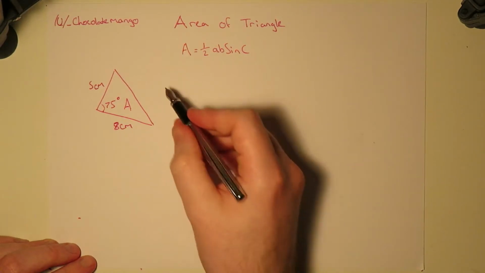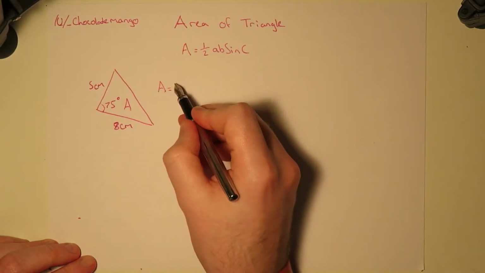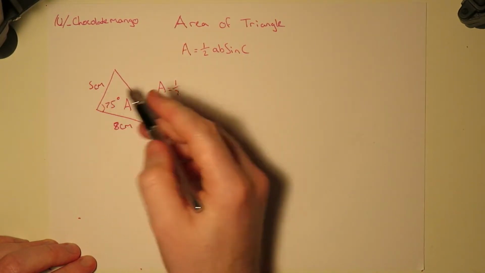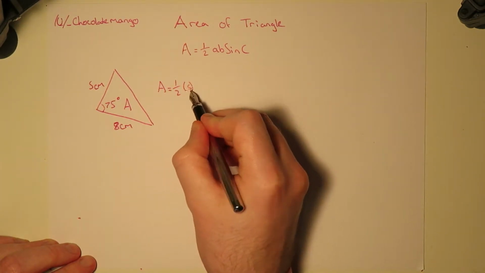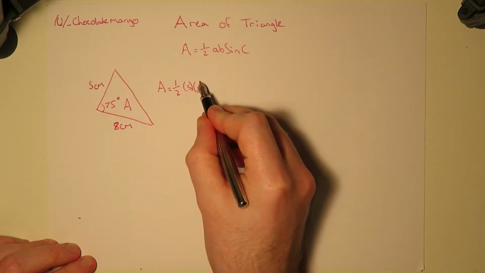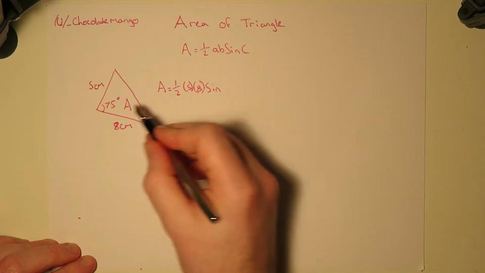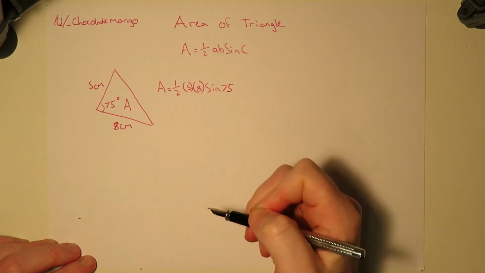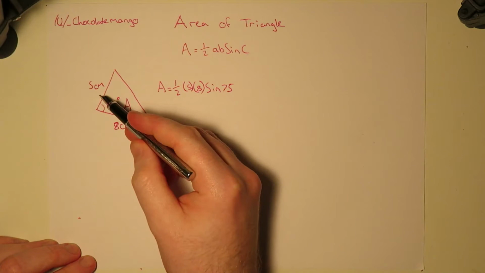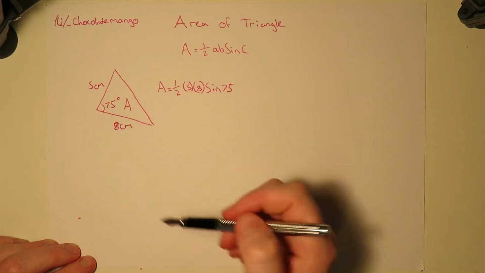It's easy. We say that's a half, A, which is 5, B, which is 8, sine C, which is 75.